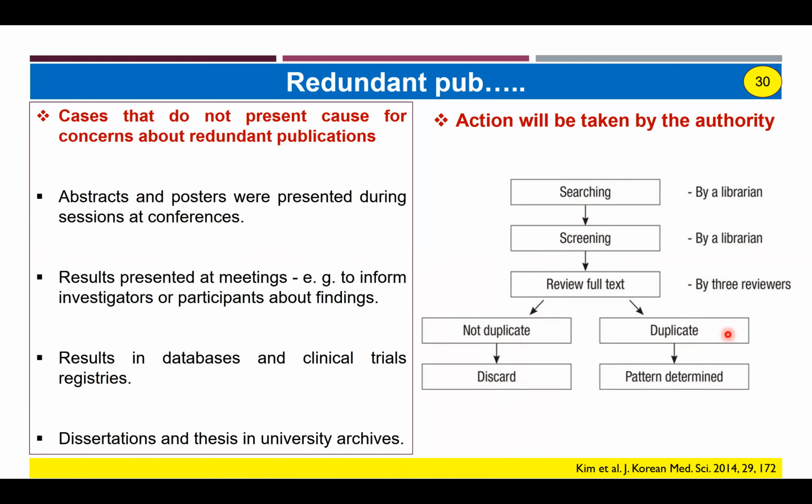But if they find a substantial amount is repeating, they will label it a duplicate publication, the pattern is determined, and eventually they declare it a redundant publication and retract the paper. It should not be published in a formal journal, right?